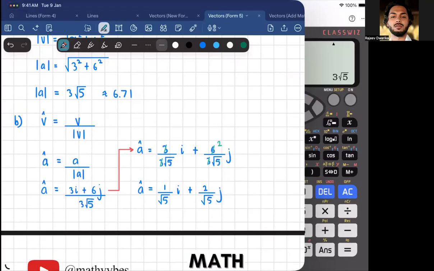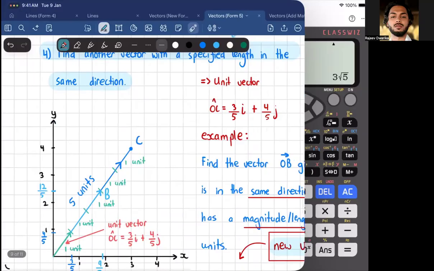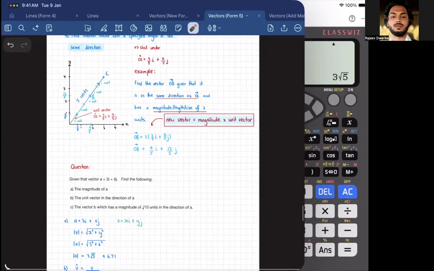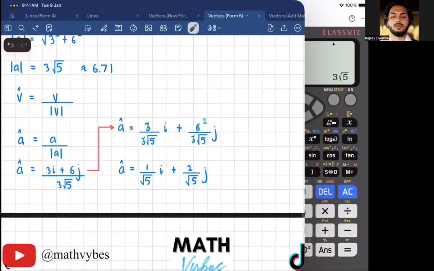Okay, the answer is 1, right? Because it's a unit vector. In this example, O to C was 5 units. If I divide it by 5, I'll get a vector whose length is 1. It's the same concept here. So we just found the unit vector. This is a unit vector for A, and it has a length of 1.